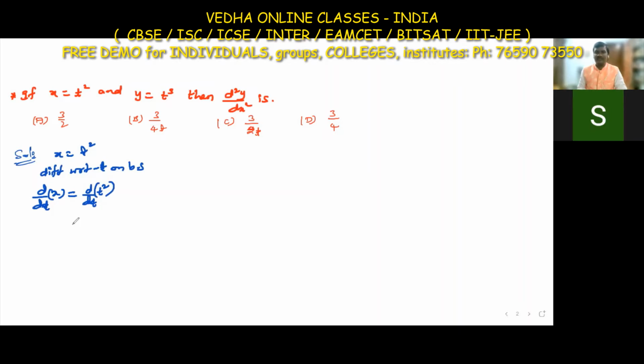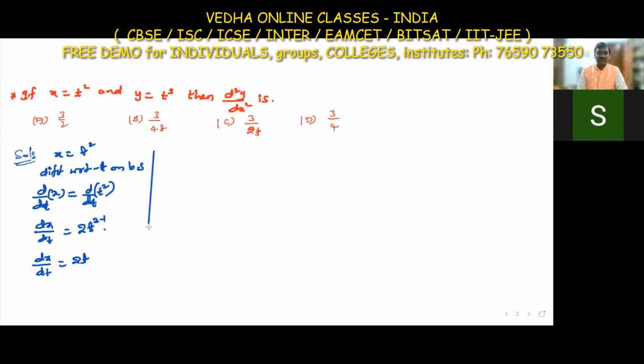On the left side we get dx by dt as it is, and t square is in the form of x power n, so n into x power n minus 1: 2 into t to the power 2 minus 1. Since we are differentiating with respect to t only, no need to differentiate again. So we get dx by dt as 2t.